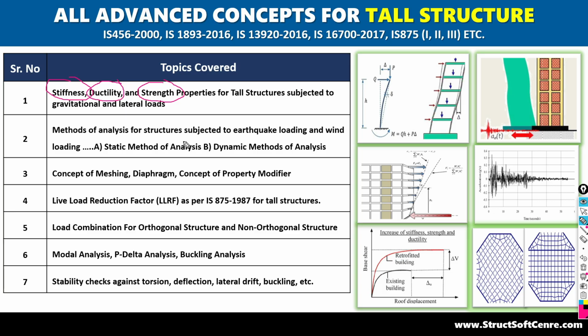You need to know the stiffness of the structure in a particular direction, center of mass, center of rigidity, to avoid torsional irregularity over the height. All these things are very important to understand when the structure is subjected to lateral load in addition to your gravitational load, and we are going to understand that deeply.